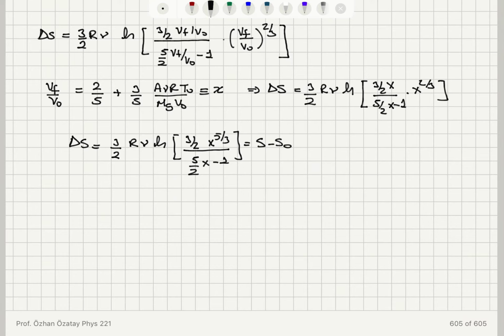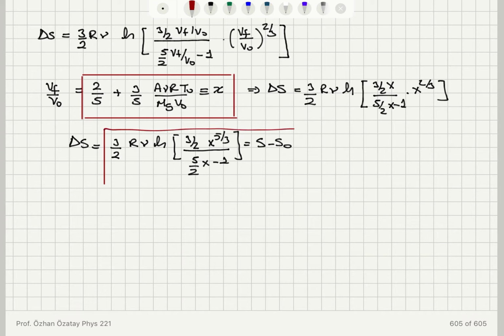and this is basically S minus S0. So with this definition of X, 2 over 5 plus 3 over 5 A nu R T0 over mg V0, I have the entropy change equal to this quantity.